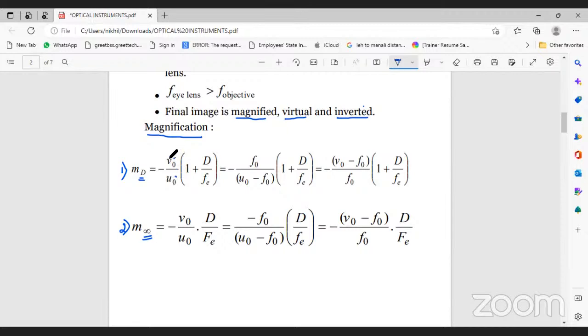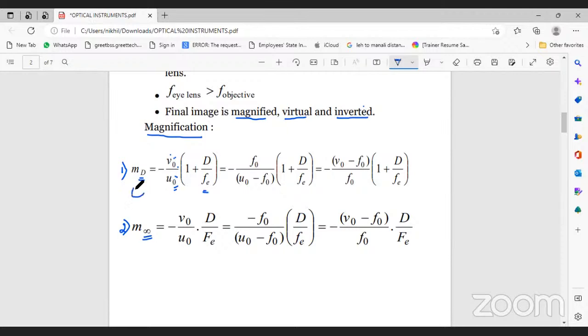V naught is the image distance for the objective lens. U naught is the object distance for the objective lens. What does Fe represent? The focal length of the eyepiece.